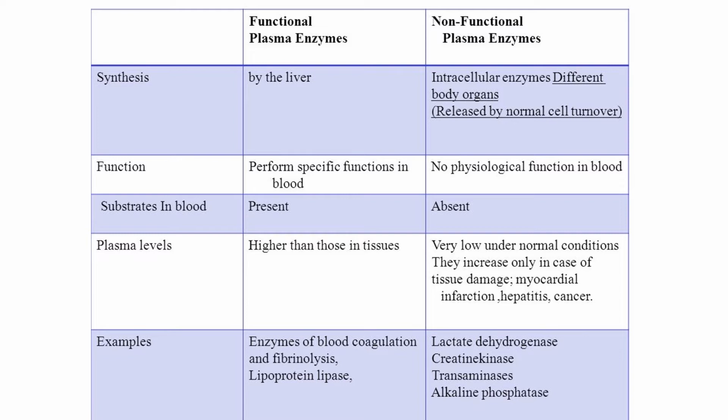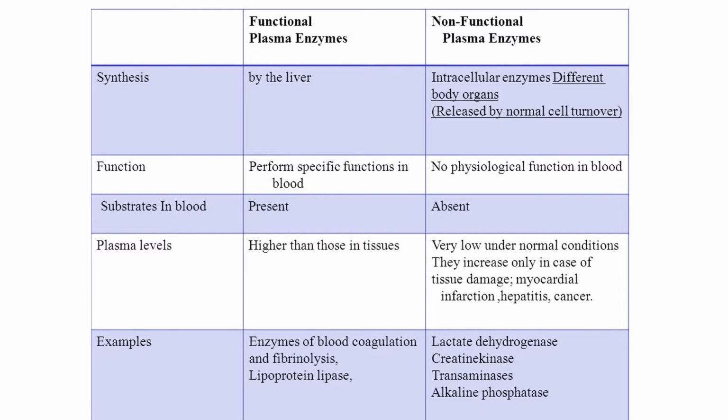As we say that plasma enzymes are functional, it means they must have a substrate in the blood. But the non-functional plasma enzymes don't have any substrate. They are only released at various times while the cell is undergoing apoptosis. Now, the functional plasma enzyme level is higher than the non-functional plasma enzymes.